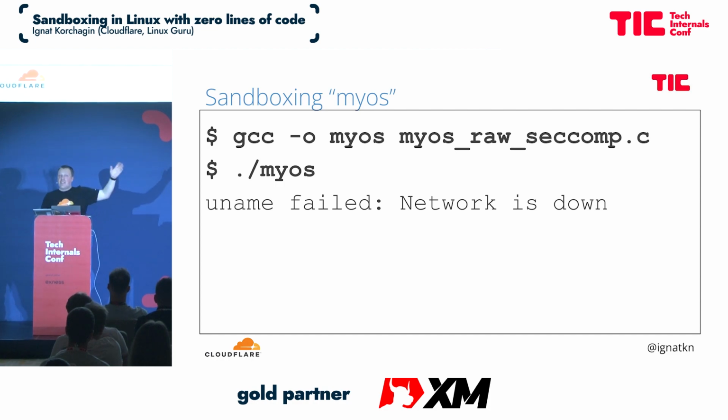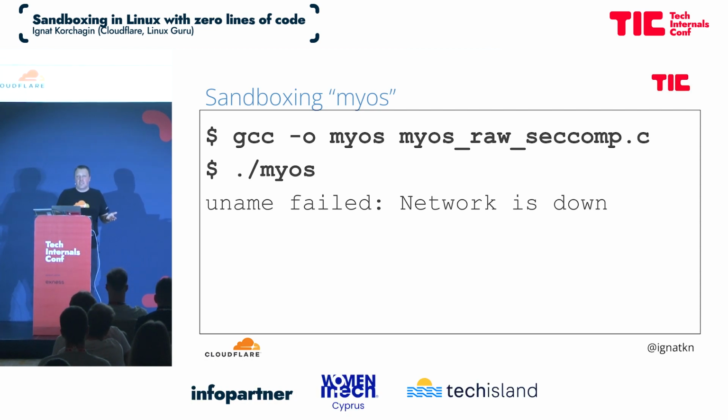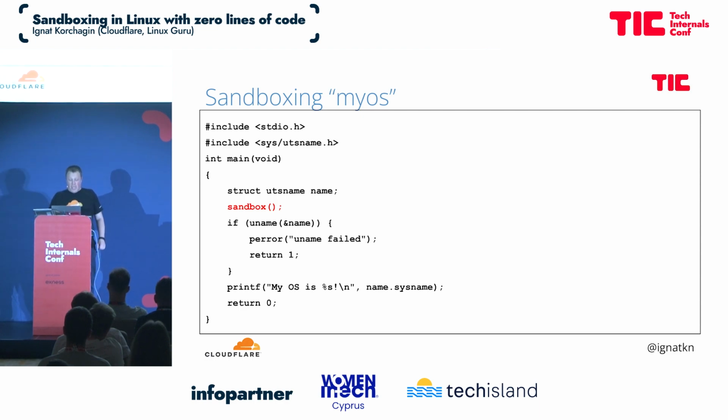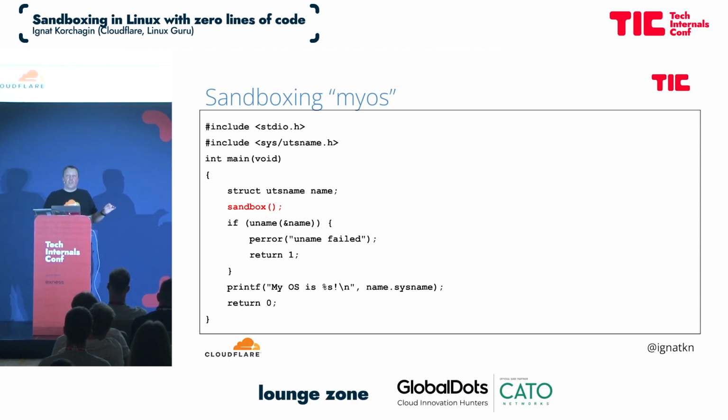We clearly know this is because of our seccomp policy, because the normal uname system call never requires any network access. In normal cases, you will never get such an error code from this system call. So in this case, because we instructed the kernel not to kill the application but to return the error code, we force the application down the error path, and this is what we get.